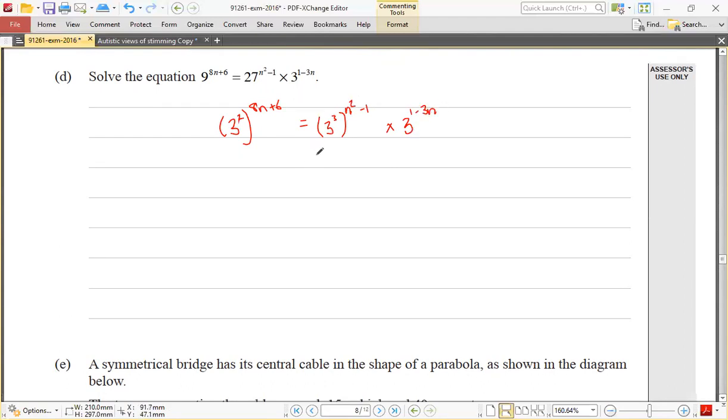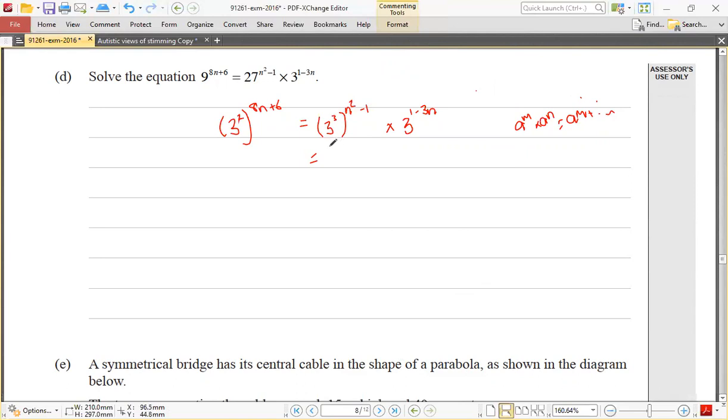Now, remember our rules? a to the m times a to the n equals a to the m plus n. So we join these together.